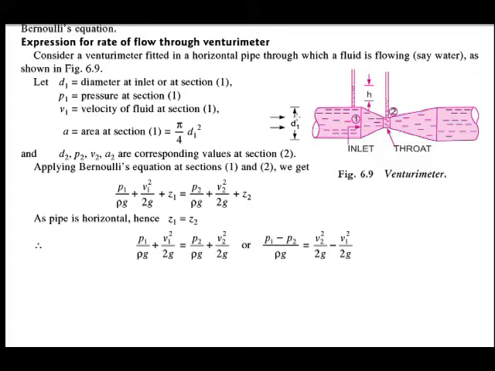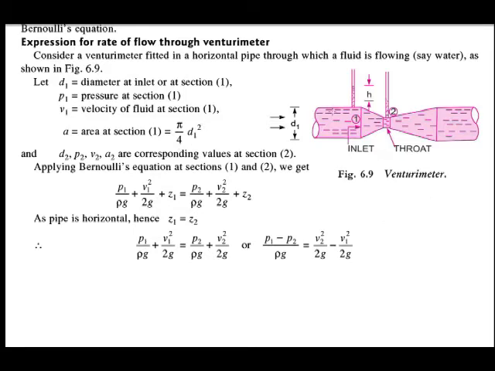Then D1 is the diameter of the inlet section. The pressure at section 1 is P1, and the velocity at the inlet section is V1. Now calculate the area of this section: the small a indicates the area of section 1, which is equal to pi by 4 d1 square.